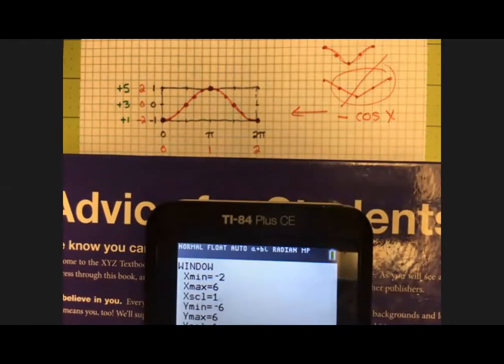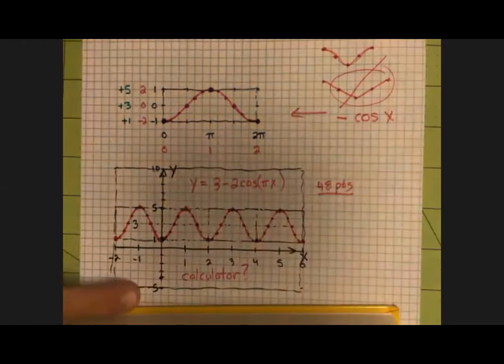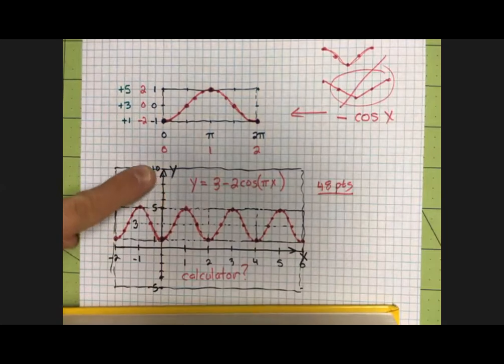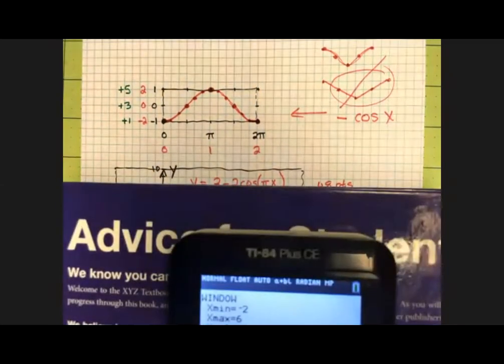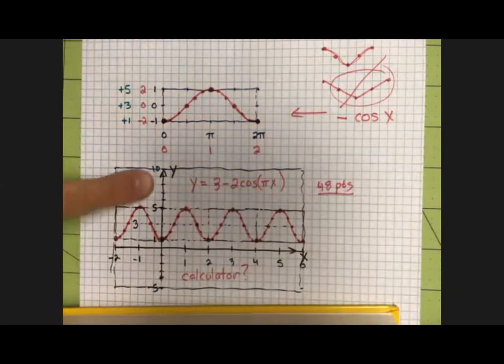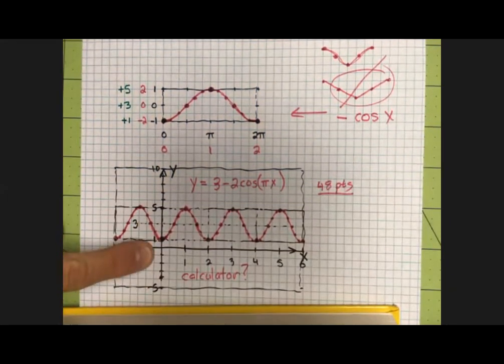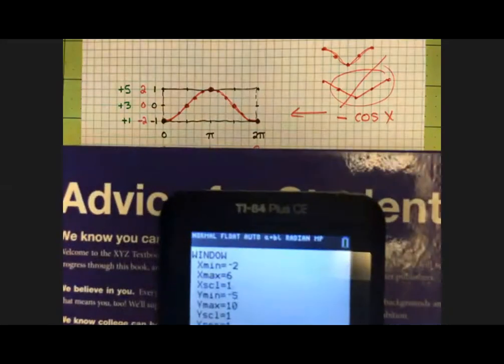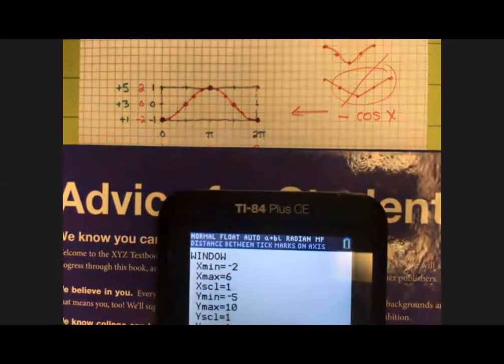How am I going to run my Y scale? -5 to 10. That'll still give me a good picture. And do I want to make a mark at every unit? That's what I did on the paper. So let's try it. Let's make the Y scale 1.